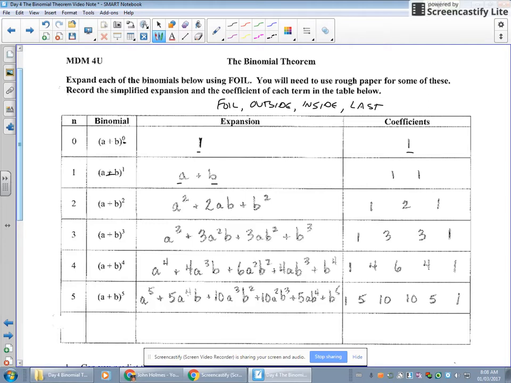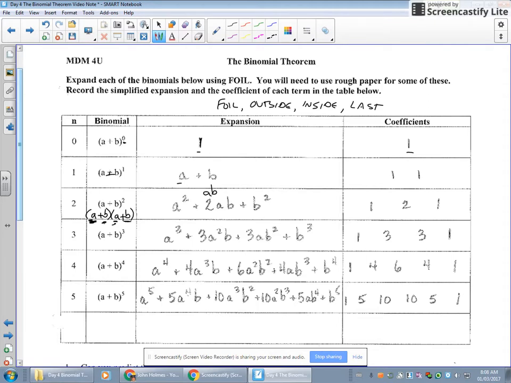A plus b squared, remember, is the same as saying a plus b times a plus b. FOIL says we multiply the first two, that's a and a, which gives me a squared. The outside two, a and b, give me ab.